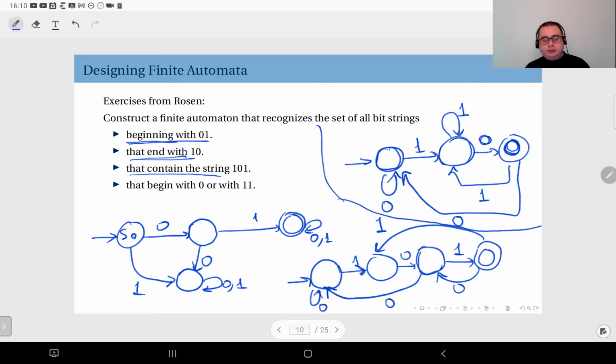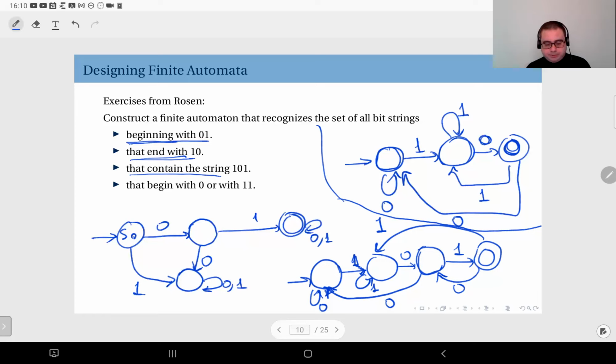If you see a 1, you move here, and a 1 at this point should keep you here until you see the next 0, which will be the second symbol of the pattern 1-0-1. At this point, if you see a 0, you need to start all over from the start, and if you see a 1, you go to the accepting state.